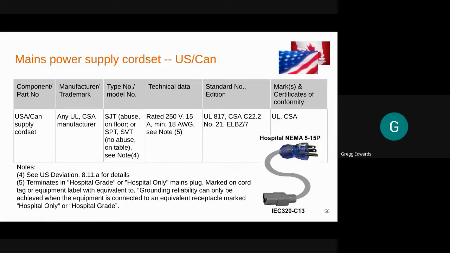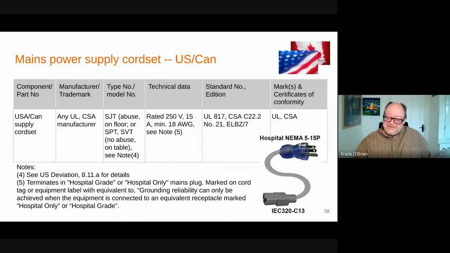Yeah, I think it is rated 250, because I've run into that too. If you think about it, we're traveling all over the world and using a little, it used to be you couldn't get test labs to test those adapters, the 240 to 120 adapters that we use when we travel.